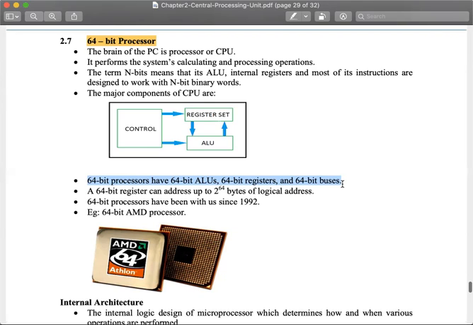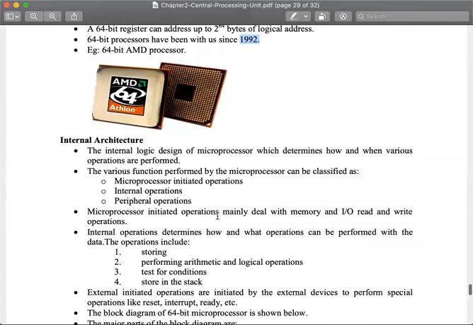And this 64 bit register can address up to 2 to the power 64 logical addresses. So the processor will have a 64 bit ALU, 64 bit registers, 64 bit buses, and 2 to the power 64 logical addresses. It has been used since 1992, and companies like AMD produce 64 bit processors.